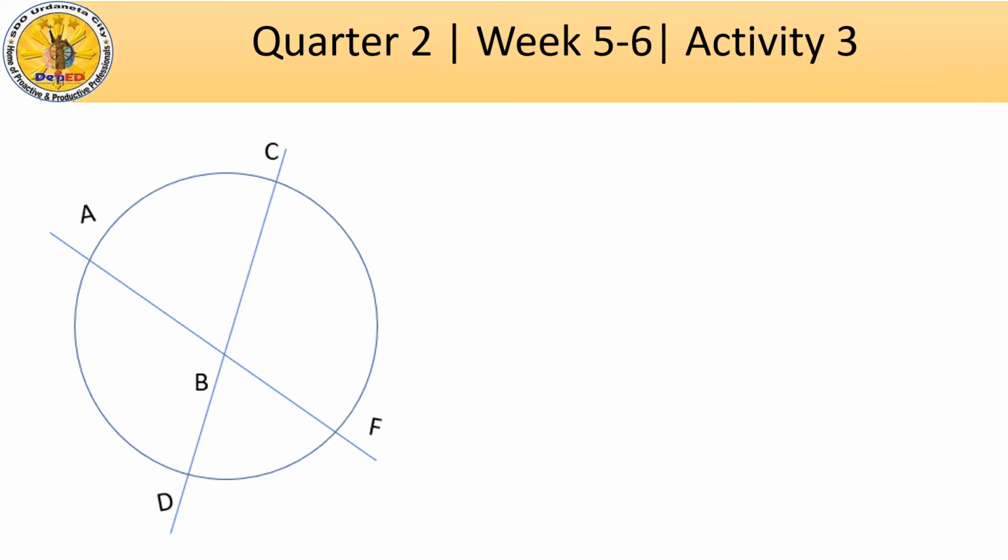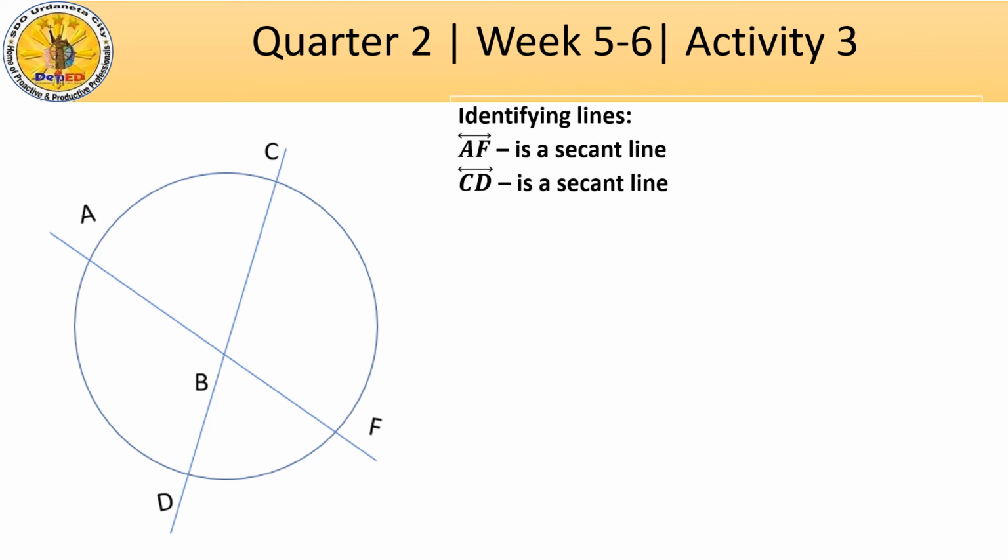Okay, next. Activity 3. Using again the figure, which is formed by two secants intersecting in the interior of a circle. Interior means inside the circle. So line segment EF is a secant line.